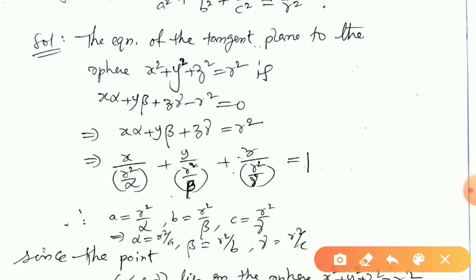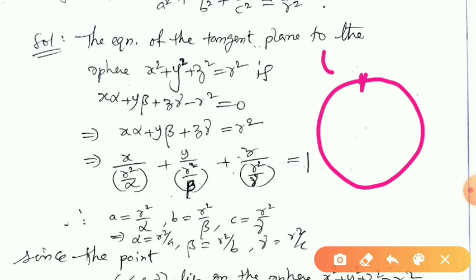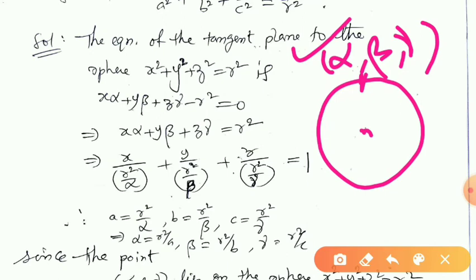Suppose, assume this is the sphere. Take a point alpha, beta, gamma on the sphere. The center is the origin. So the tangent plane at the point alpha, beta, gamma can be written like this: x alpha plus y beta plus z gamma minus r square is equal to 0.